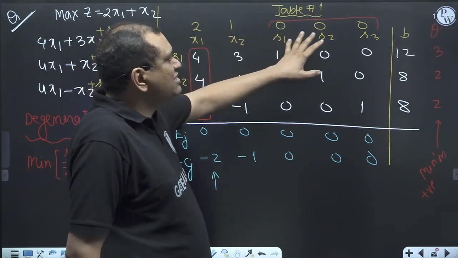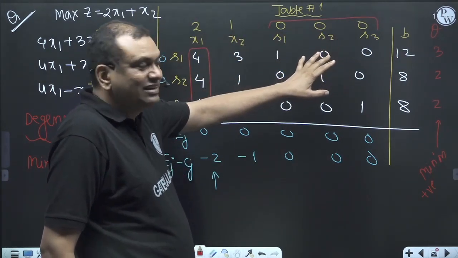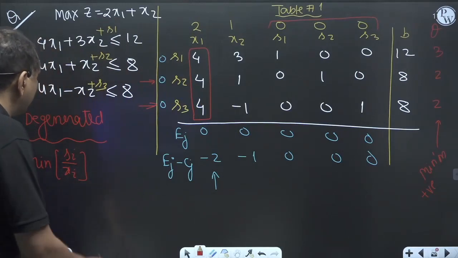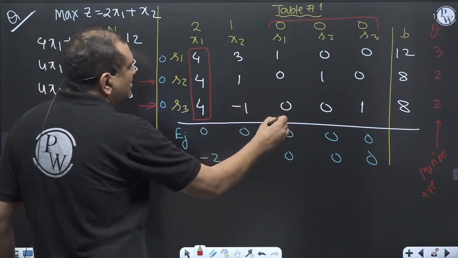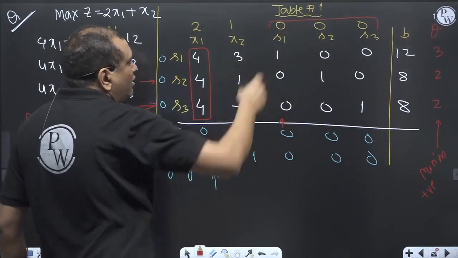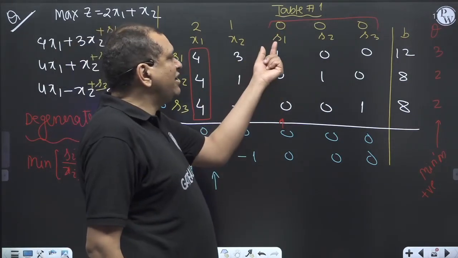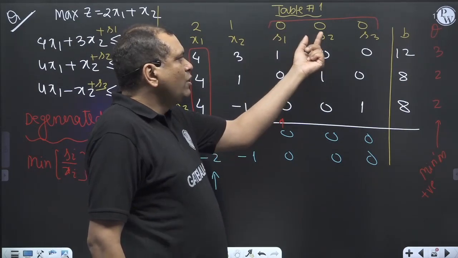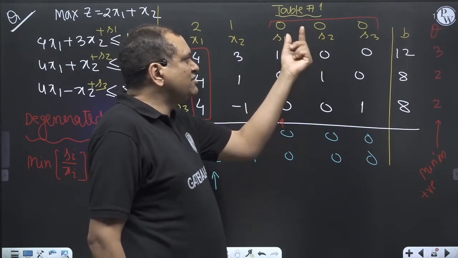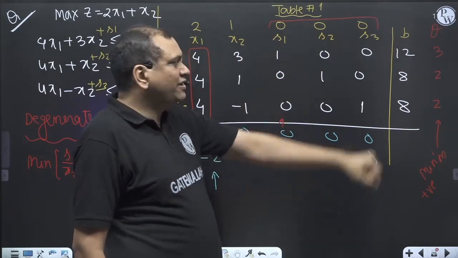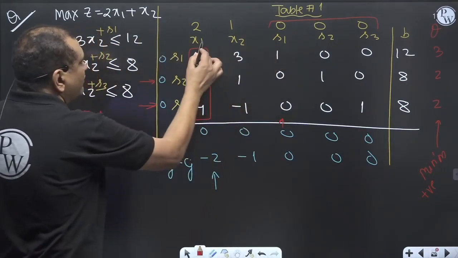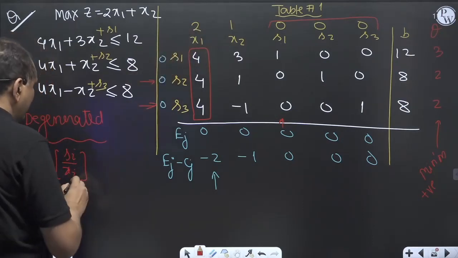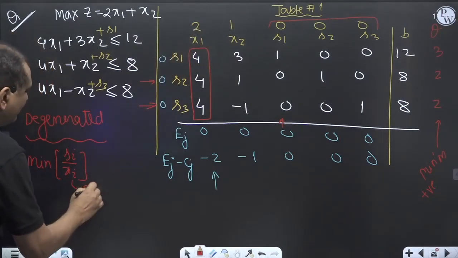I will focus on the slack or surplus variables, for the second or third row. Si by Xi means first I will take this column. Si means S1. When no decision is taken on S1, I will go to S2. When no decision is taken on S2, I will go to S3. That way I will do. Okay, na? So Si over Xi, because Xi is the entering column.